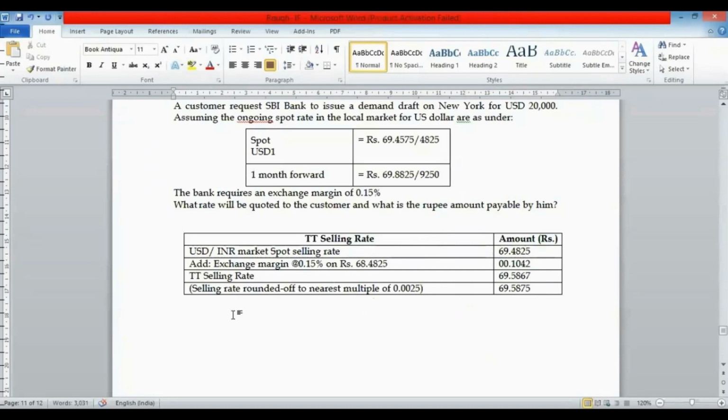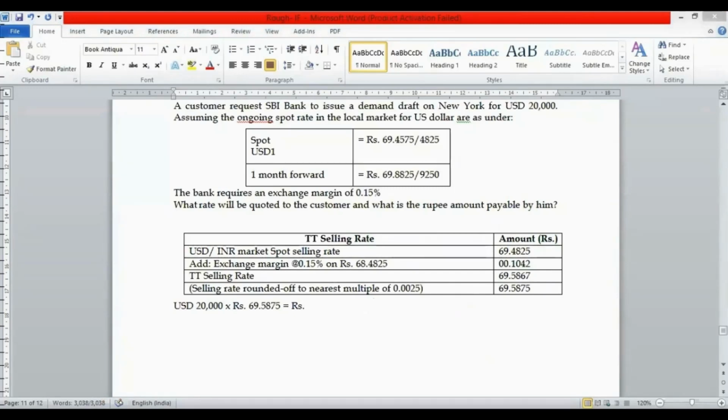So it will be USD 20,000 multiplied by the rate, rupees 69.5875. This will be the rupee amount that will be given by the customer to the bank.